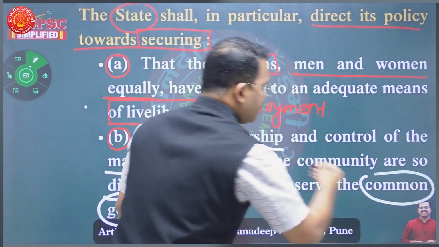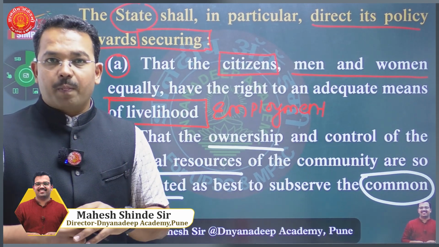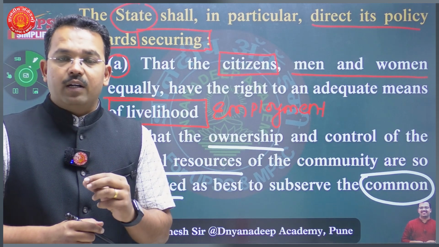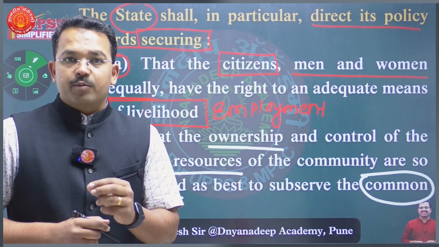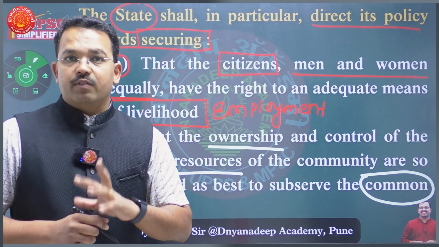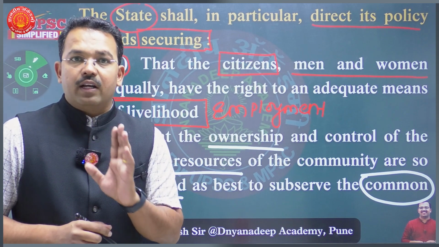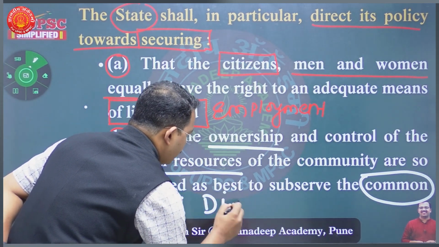That is, in simple terms, the means of production, or the resources required to achieve the means of production, should be equally distributed among all sections of society, among all citizens of India. That's why 39B talks about distributive justice.